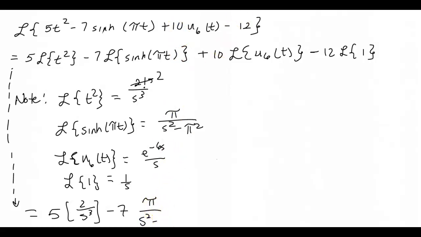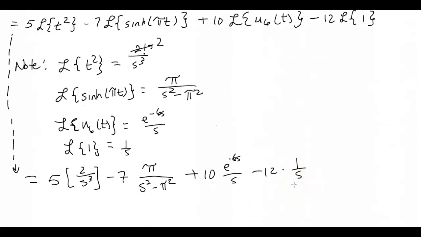So erase that. And then plus 10. We know that here the Laplace transform of the unit step shifted 6 units to the right is going to be e raised to the minus 6s over s. And have minus 12 times 1 over s.